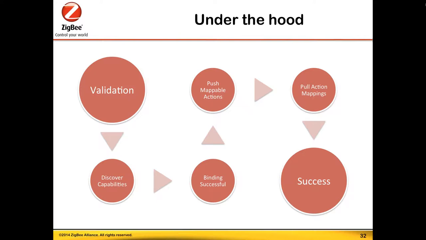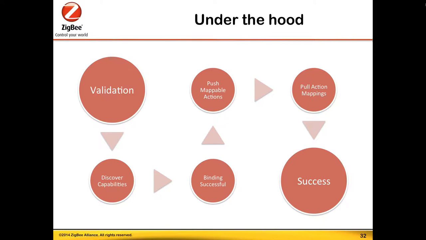Based on the capabilities, then after binding is successful, you can start pushing mappable actions, the actions that triggers that you can actually reconfigure and what those configurations are and what commands you support on both sides. And you exchange that information, you generate a configuration based on the discovered information, and then you reconfigure the remote.